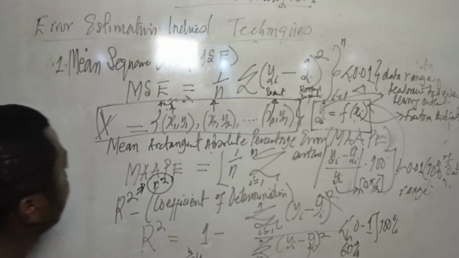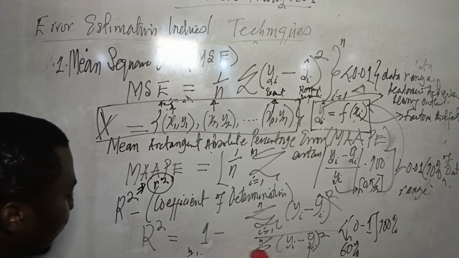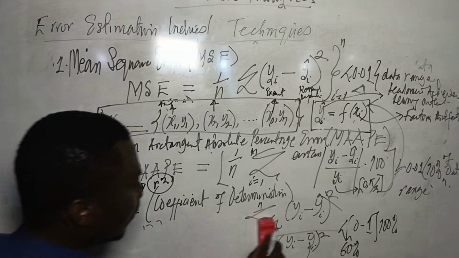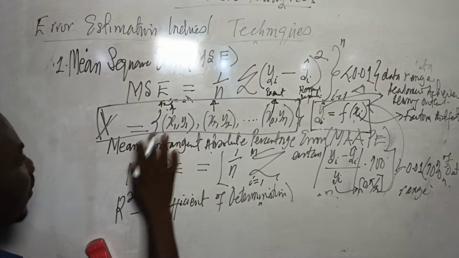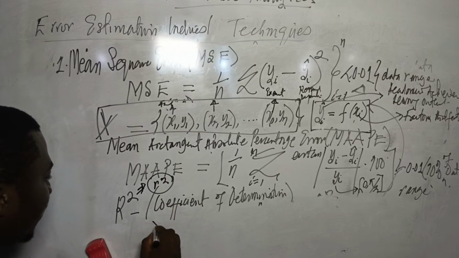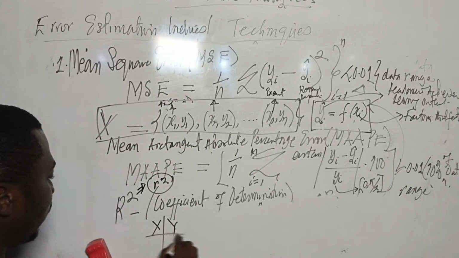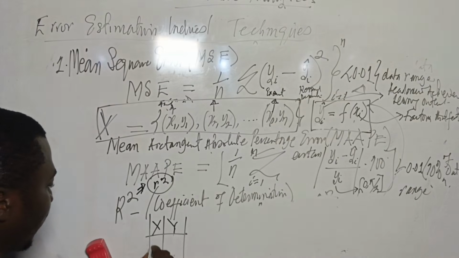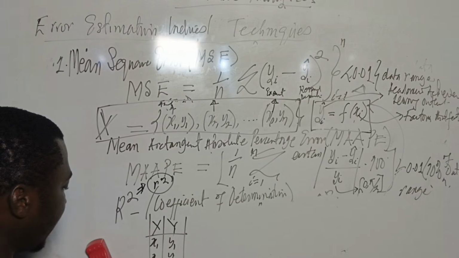So for instance, you have the correlation coefficient between a bivariate data set like this. Maybe you are given a data set, say x, y. This is another way of forming the data set. You can say x1, y1, x2, y2, like that to xn, yn.